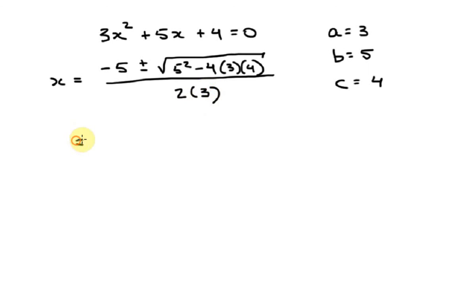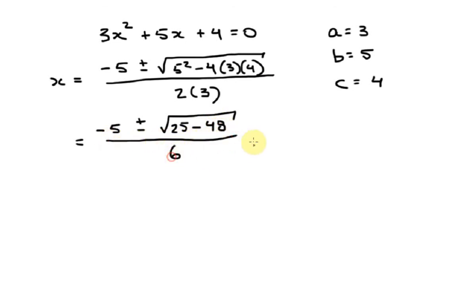So I carry on and I get negative 5 plus or minus the square root of, now this would be 25, minus 4 times 3 is 12, and 12 times 4 is 48, all over 6.